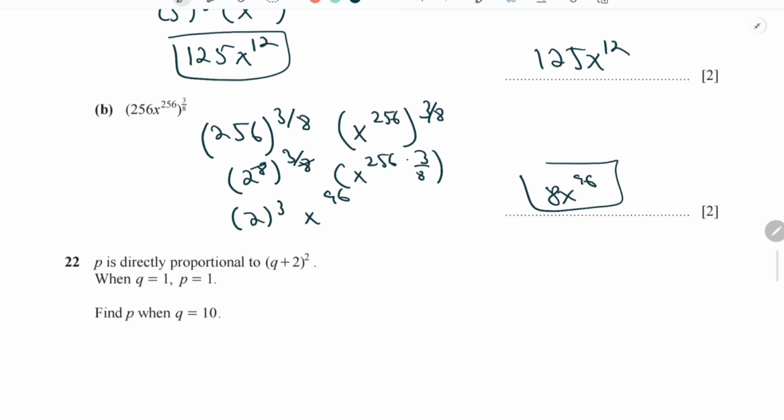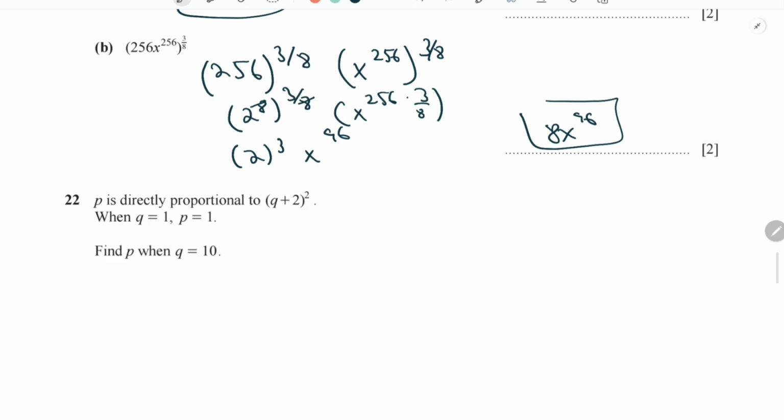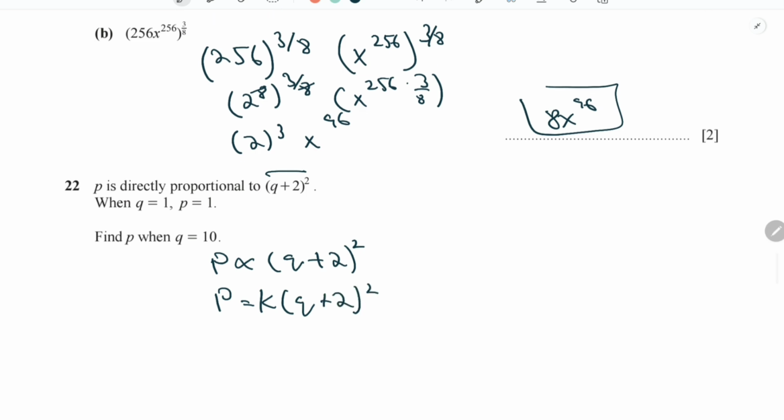Now after that we have question number 22. p is directly proportional to q plus 2 whole squared. When q equals 1, p equals 1. First we write the condition: p is directly proportional to q plus 2 whole squared. Now we remove the proportional sign, so we have one constant k.